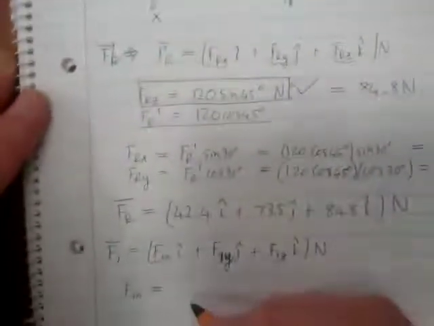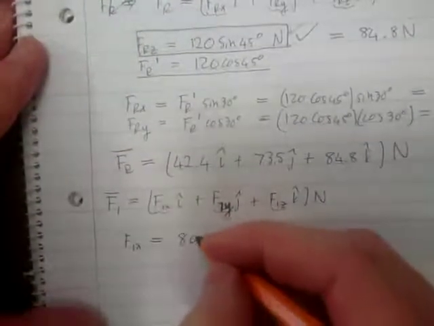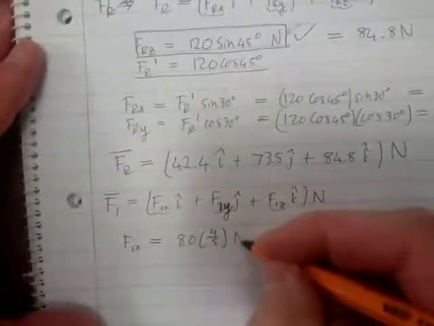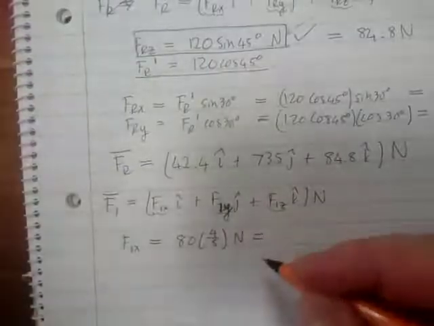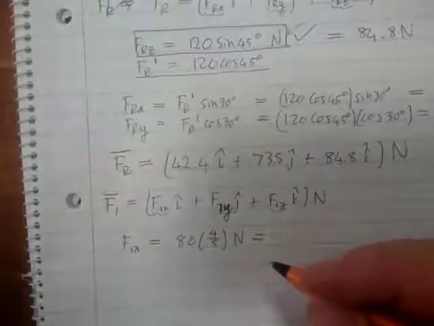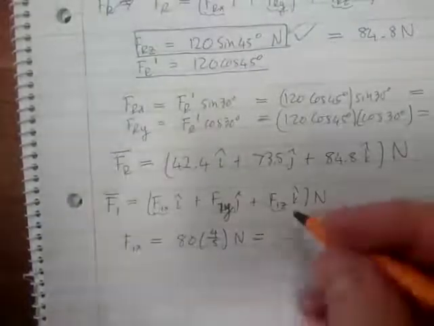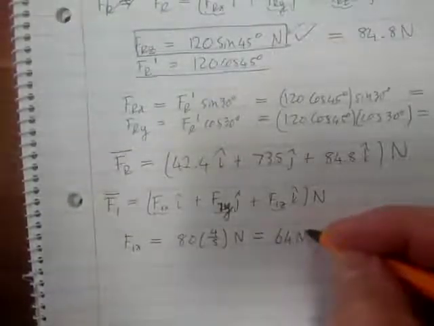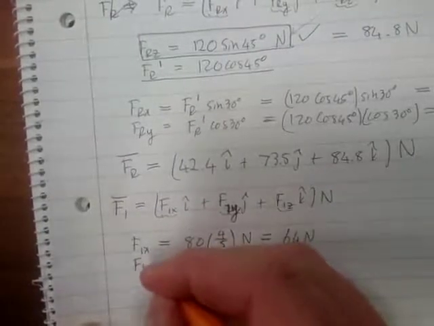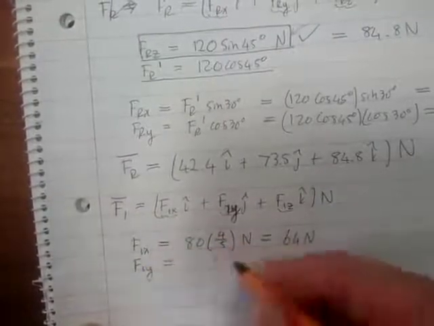So it would be 80 times 4 over 5 Newton, which equals 64 Newton. My F1y would equal 0.